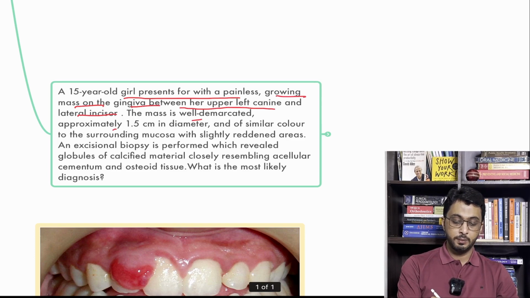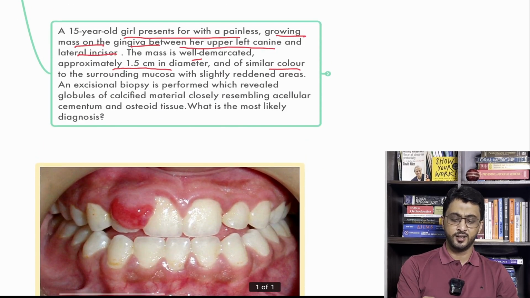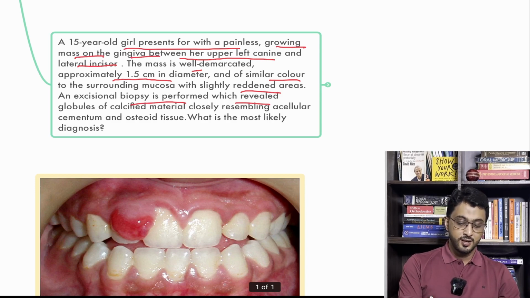The mass is well circumscribed, approximately 1.5 centimeter in diameter and of similar color. You can see there a similar color and location, mass, everything. With slightly reddened areas, an excisional biopsy is performed, which revealed globules. Now this is a very beautiful description of the lesion.